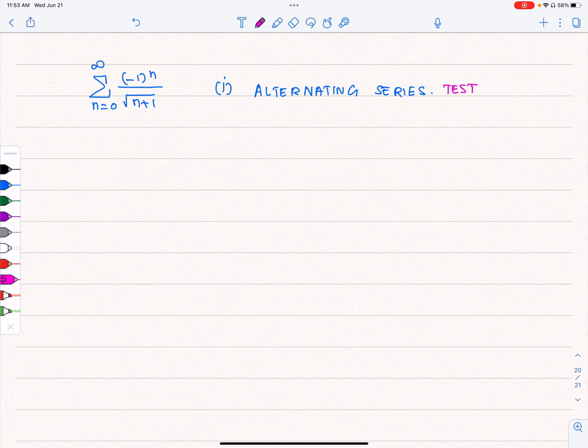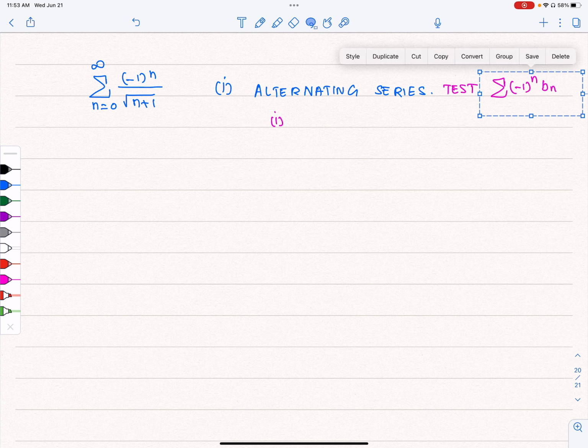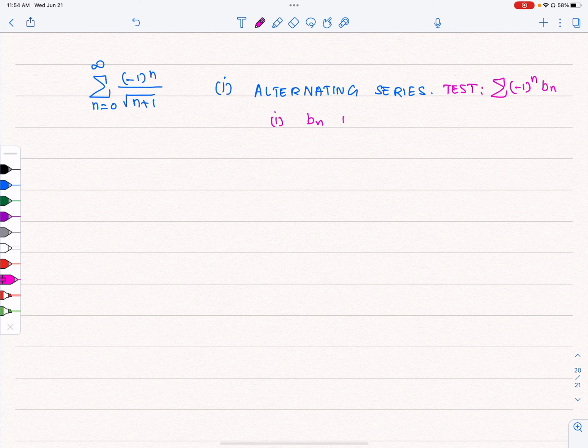So the alternating series test says, what does it say? If two things happen. You have a summation of (-1)^n b_n, and then the alternating series test says number one, b_n is decreasing, that is b_(n+1) is less than or equal to b_n.